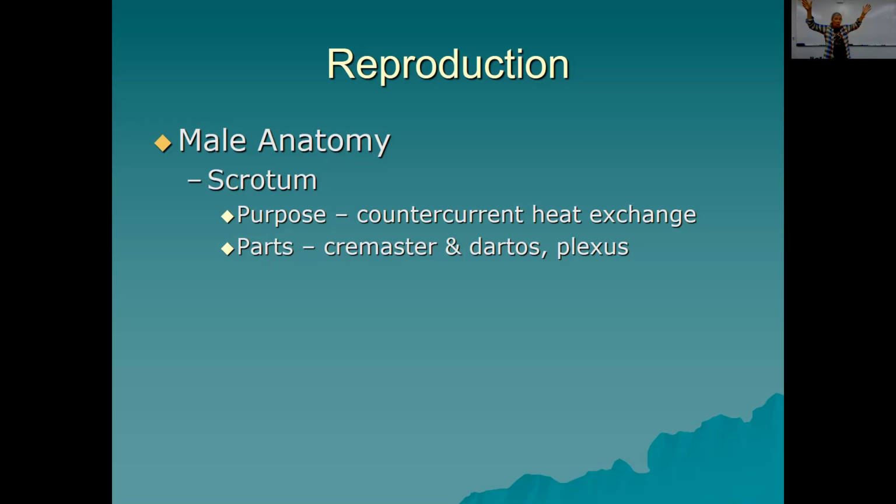If it's really, really cold, the cremaster muscle will pull the testes up close to the body, which is warmer. On a really hot day, it relaxes and lets them swing farther away, just to maintain that 2 degrees below body temperature.